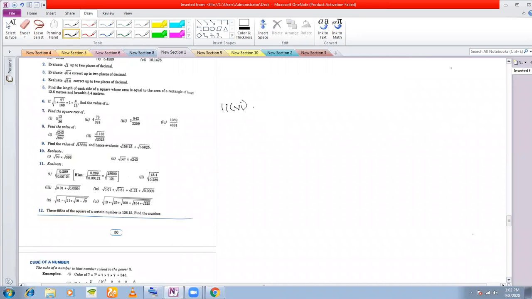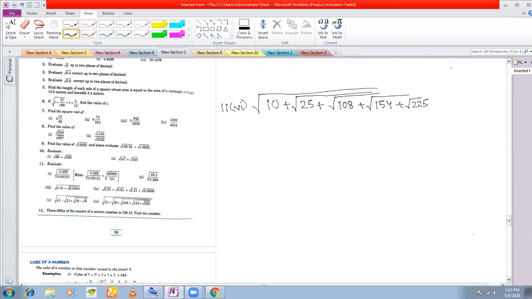Evaluate square root of 10 plus root over of 25 plus root over of 108 plus root over of 154 plus square root 225.